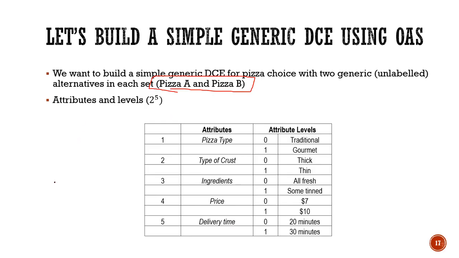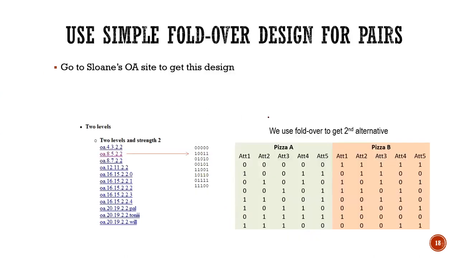So when we are designing discrete choice experiments, this is one such design. Instead of taking all 32 designs, you can select a few designs by going to this particular website, which will create the design for you. Now, here is one such design. Let's take a careful look at how the design has been created.